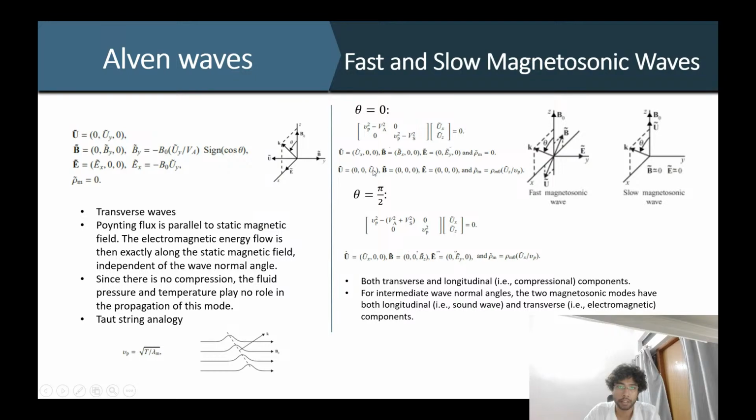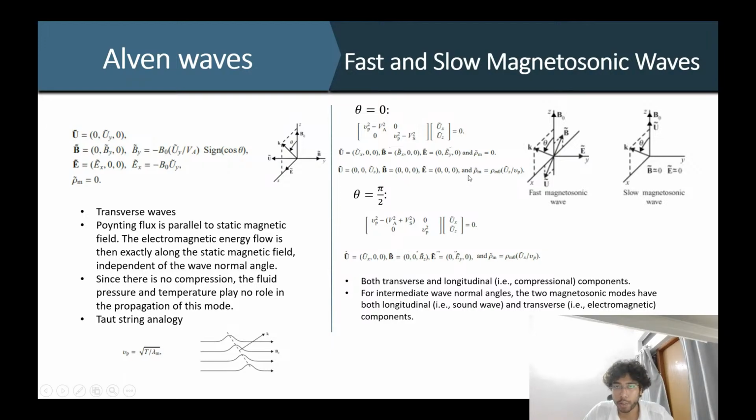Whereas for this other solution, you see the electromagnetic field is completely 0. The E is 0, the B is 0. This is coming from the fact that U is in the Z direction and B naught is also in the Z direction, so U cross B is 0. So B is 0, similarly E is 0.